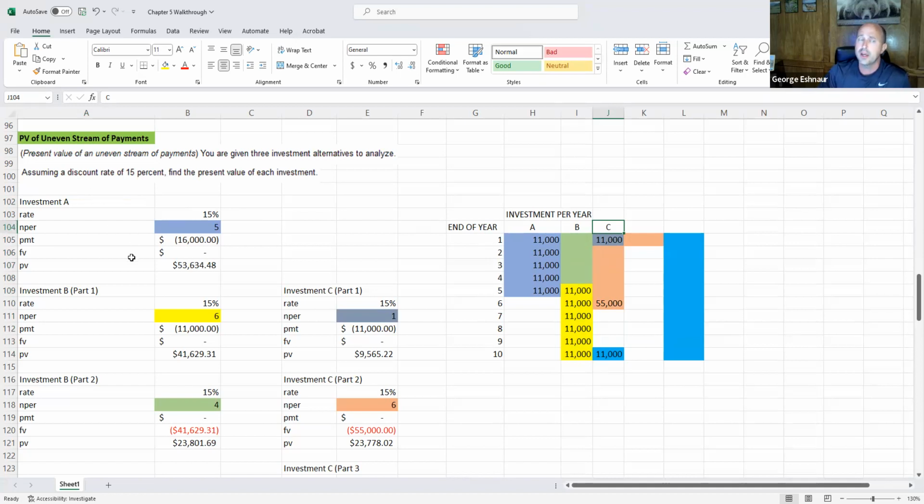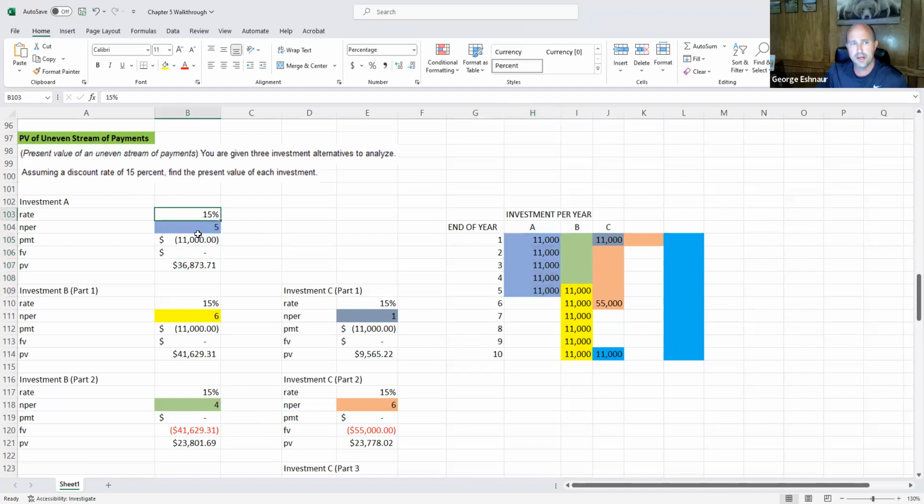So again, earlier when we started, we were looking at future value, but now we're looking at the present value. So if we put away 16,000 a year, I'm going to make this 11, sorry. And so what we'll see here, if we put it away for 5 years, we know that that's going to be an outlay.